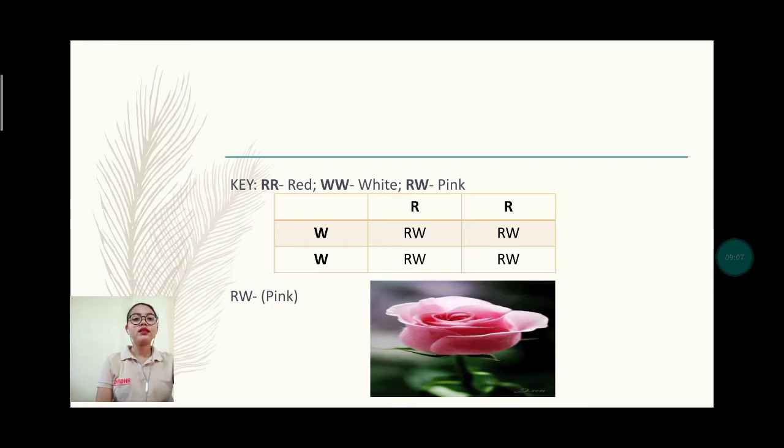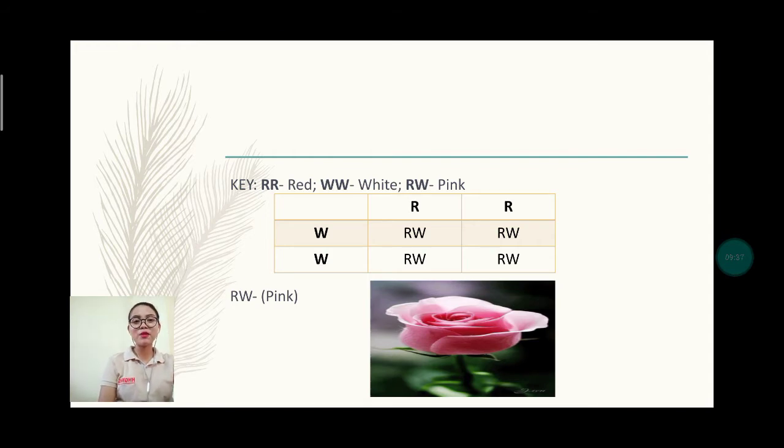Okay, W times R, or R times W, is equals to RW. R times W is equals to RW. Okay, on the next column, R times W is equals to RW. R times W is equals to RW.